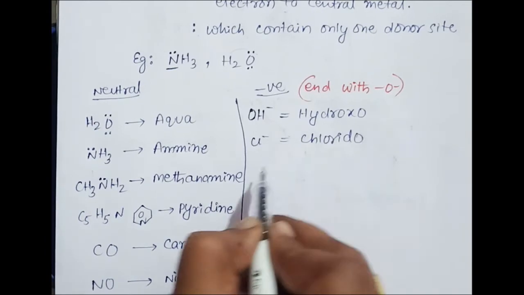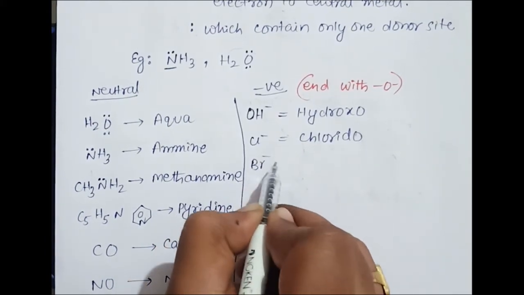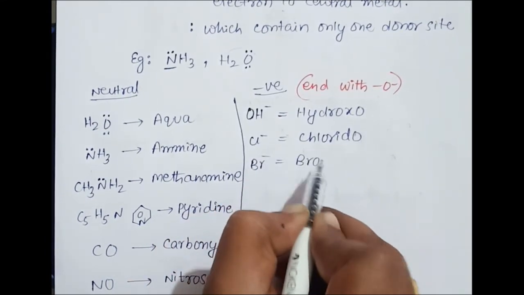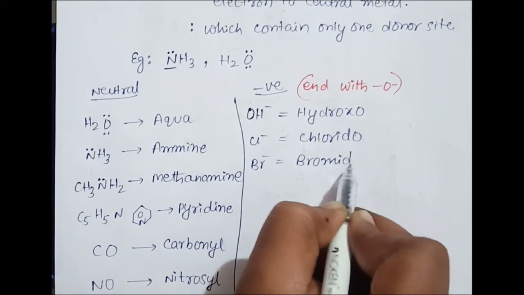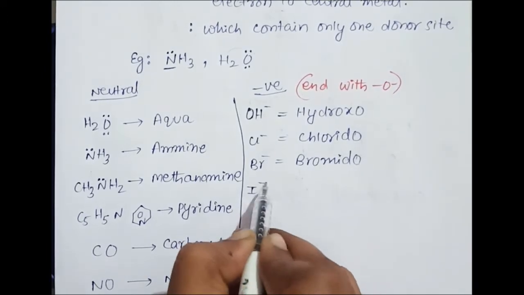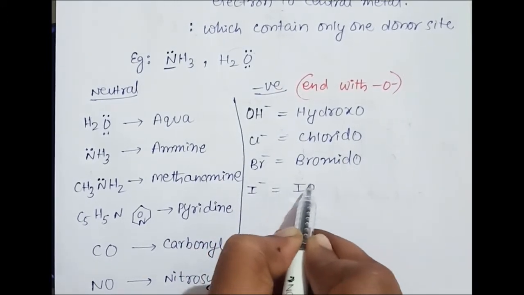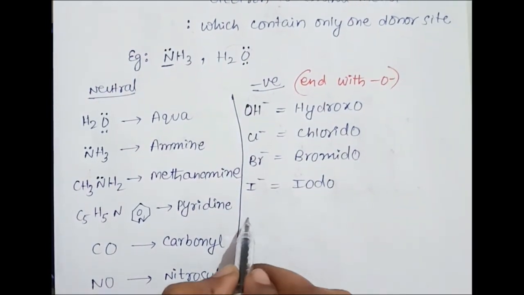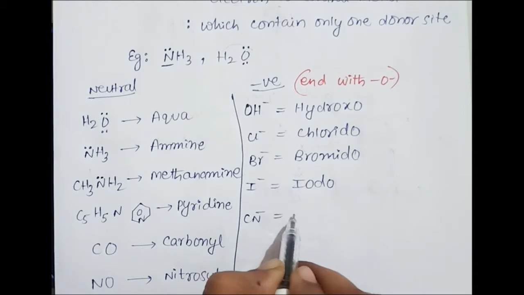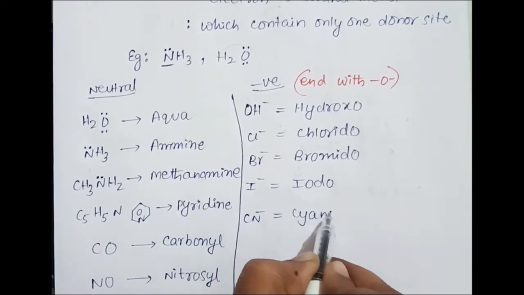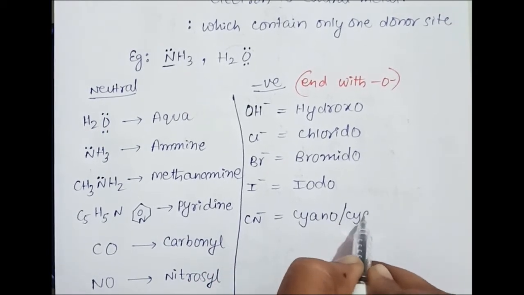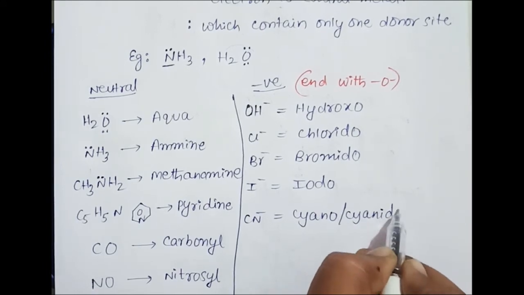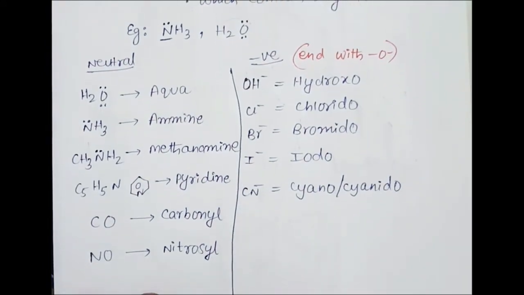Br minus, we call bromido. Similarly, I minus, we call iodido. Then CN minus, we call cyano or cyanido.